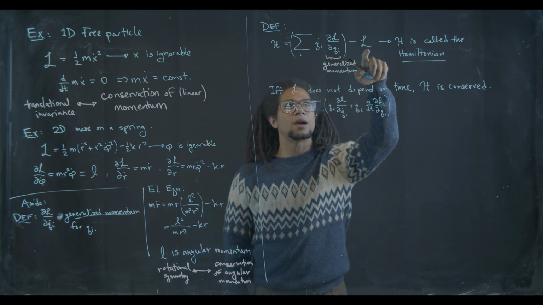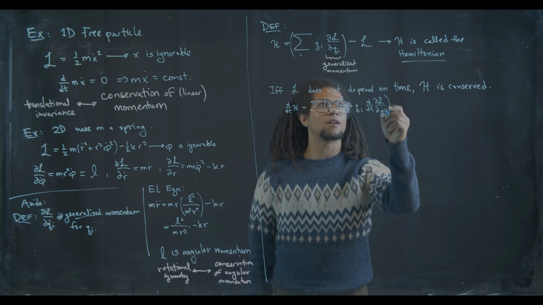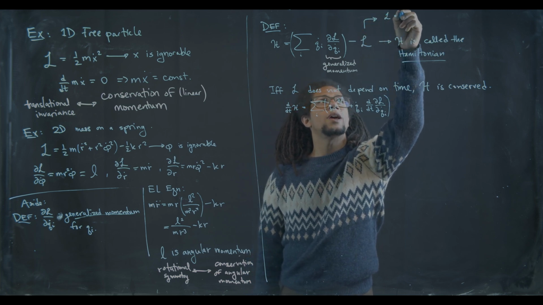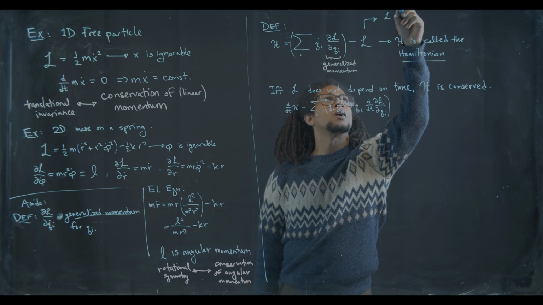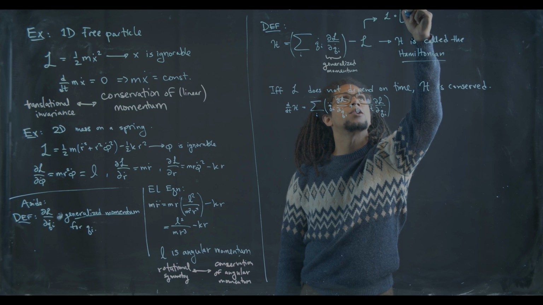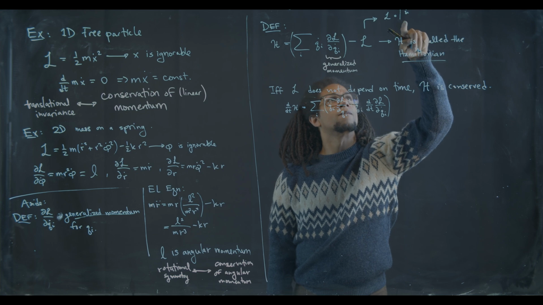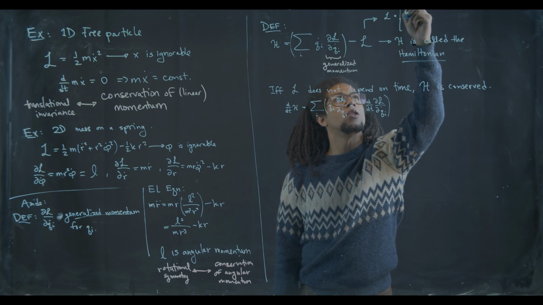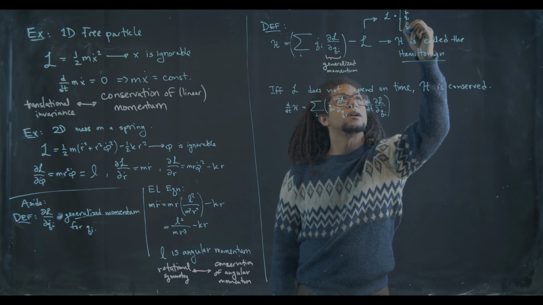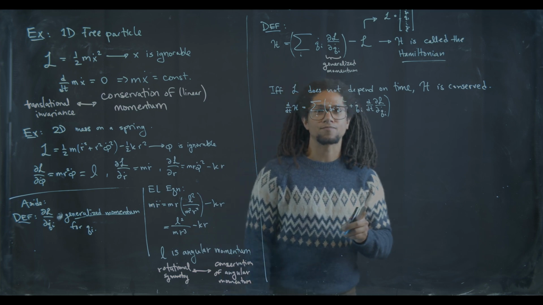Next, I'll need to take the time derivative of the Lagrangian, but this is the total time derivative. And so I need to think of the Lagrangian as really being composed with the following vector. It's the vector of all of the qi's, q1 through qn, then all of the qi dots, so q1 dot through qn dot, and then t, although we know that our Lagrangian does not depend on t.